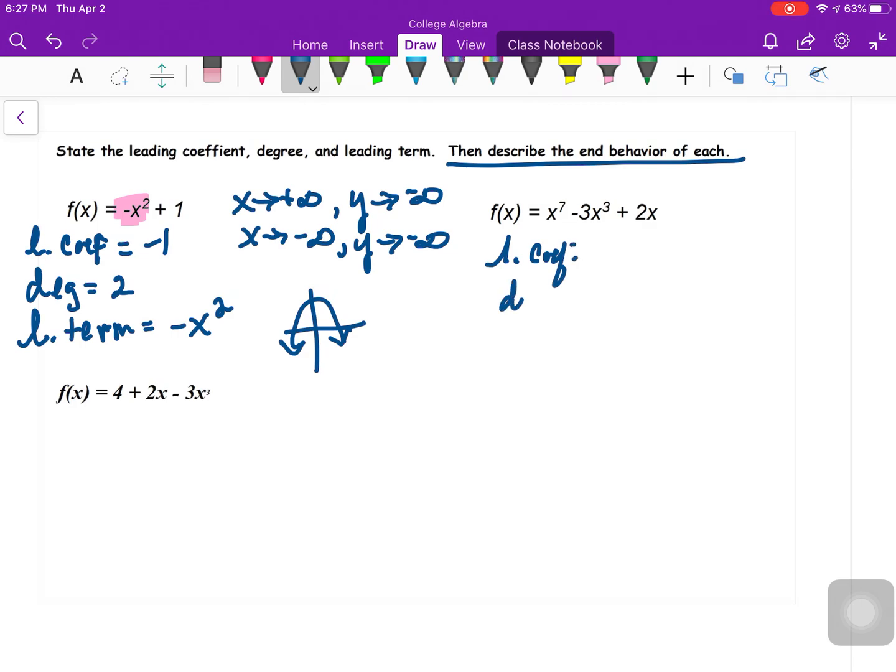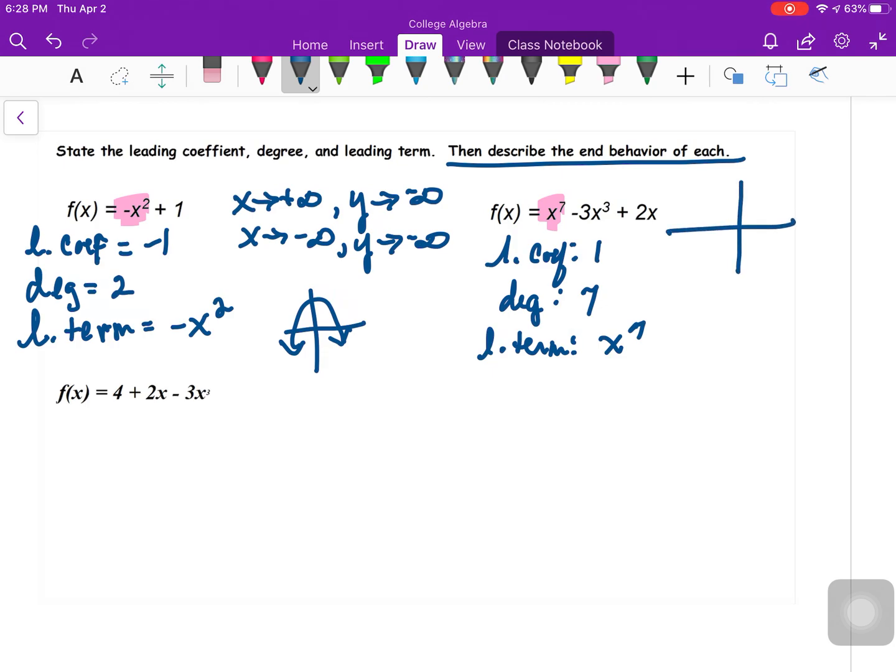Okay, again, leading coefficient, degree, and leading term. The leading term is x to the 7th because that's the highest exponent. So the leading coefficient on that is 1, and the degree on that is 7.